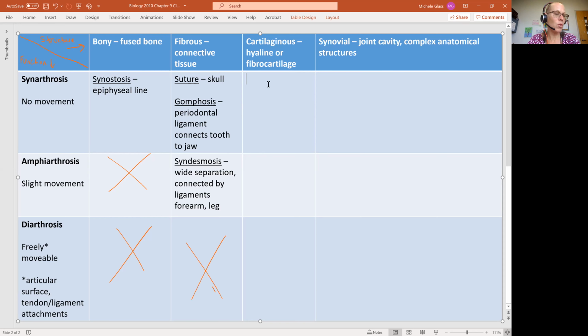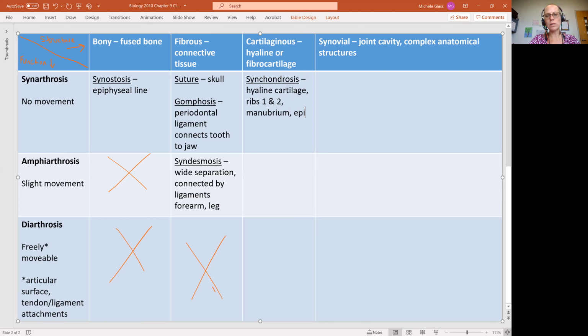And so we have one example of a cartilaginous synarthritic joint, and this one is called synchondrosis. A synchondrosis joint involves hyaline cartilage, and it's not movable. So we're going to see this between ribs 1 and 2 and the manubrium, which you remember is the top portion of the sternum.